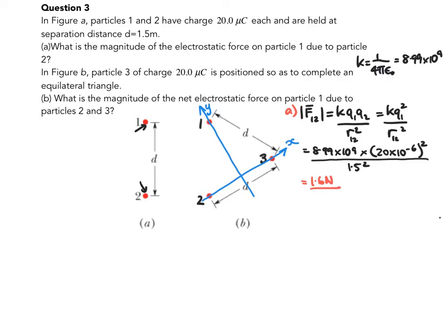If we're looking at the force on 1 from 2 and 3, you can see that the x component of that force is going to cancel out. The force from 2 is going to cancel out the force from 3. So there's going to be no net force in the x direction from those two charges. That's why I chose that nice coordinate system. So we really only need to look at forces in the y direction.